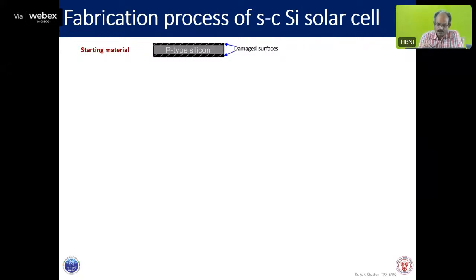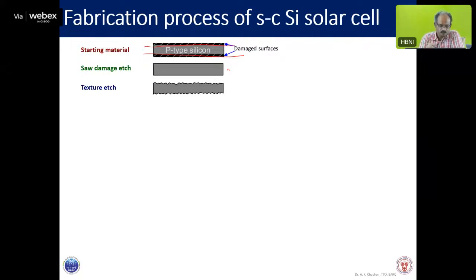This is a typical ingot. First we cut it with a sawing machine, and this part is removed, and we get a silicon wafer like this.